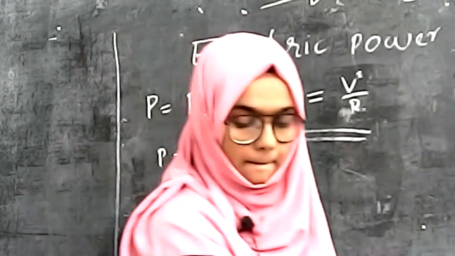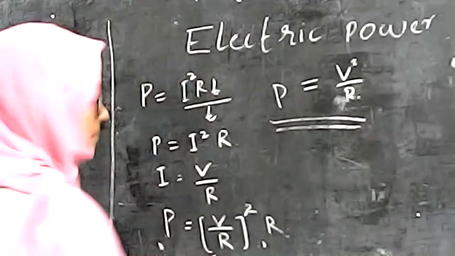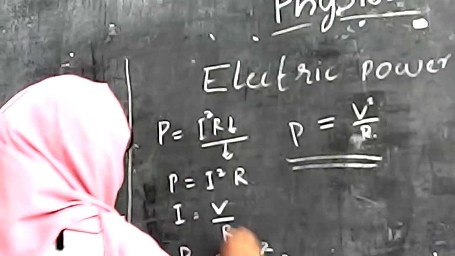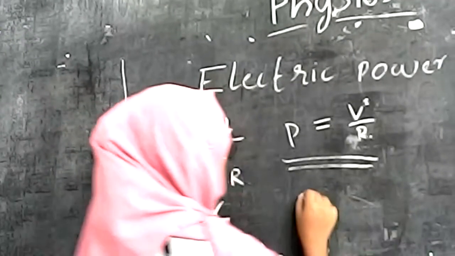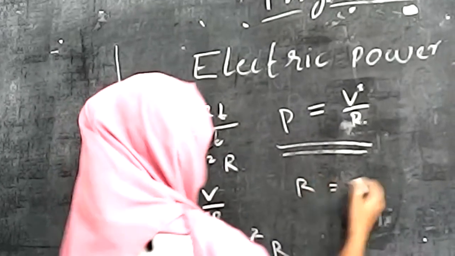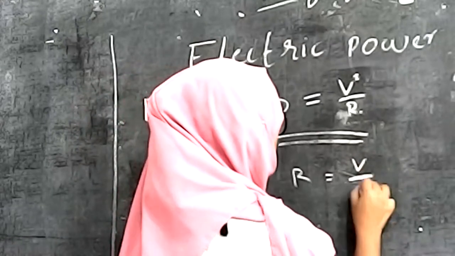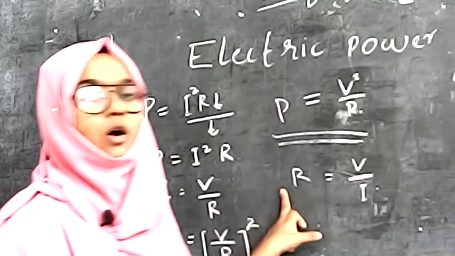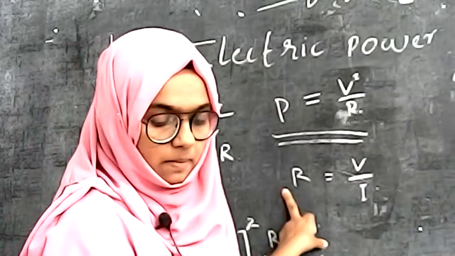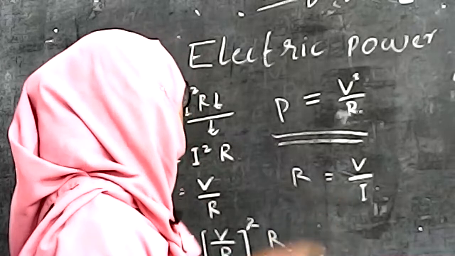And here R is equal to V by I, an equation that is based on Ohm's law.